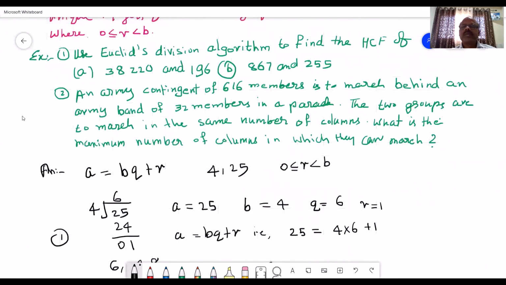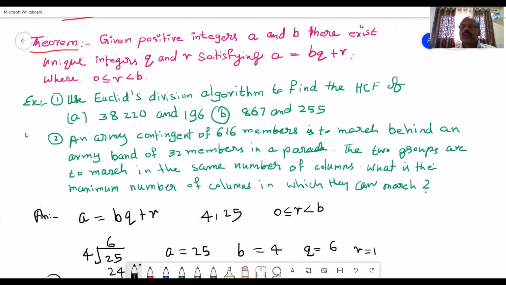It is a descriptive type of question. See, an army contingent of 616 members is to march behind an army band of 32 members in a parade. The two groups are to march in the same number of columns. What is the maximum number of columns in which they can march?